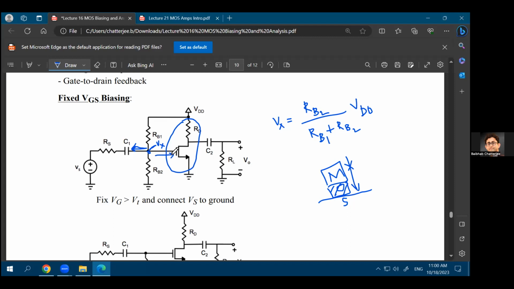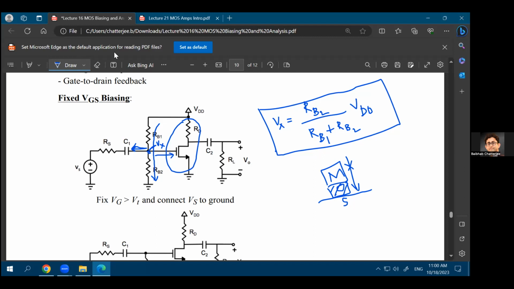So there cannot be any current flow on the right-hand side as well, which means all the current flows from VDD to ground through these two resistances. That's why the voltage developed at point X will just be a function of the RB1 and RB2 resistances. There will be no effect of this capacitance on the left-hand side, and no effect of the gate on the right-hand side, because the DC current flowing into left or right, both are equal to 0.